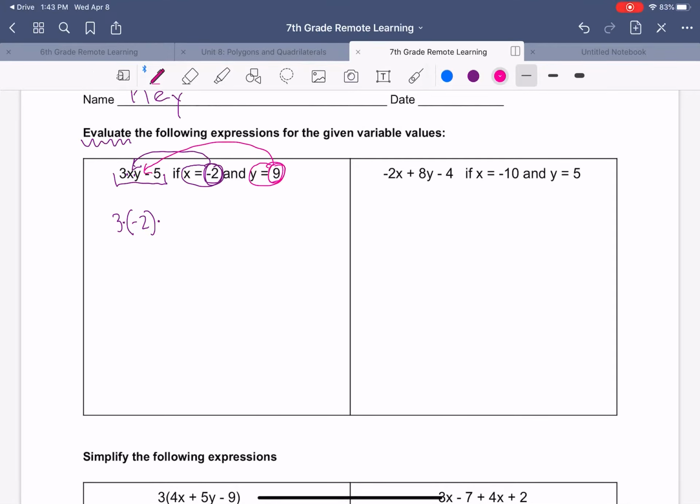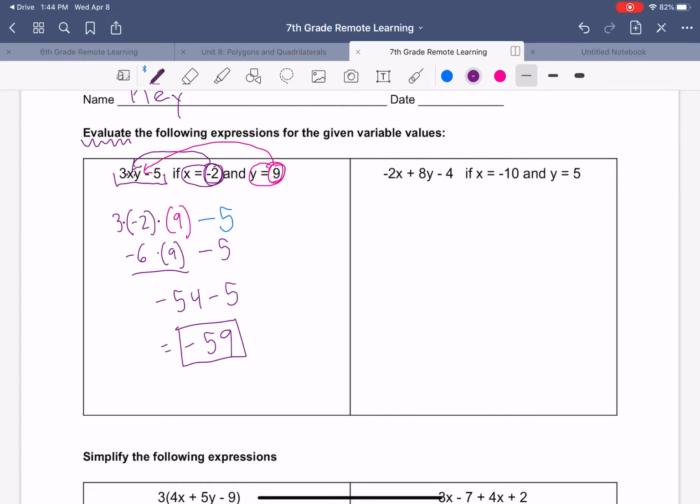So times 9. And then I need to remember my minus 5 at the end. Now we'll do our multiplication. 3 times negative 2 is negative 6, times 9, minus 5. Negative 6 times 9 is negative 54, minus 5. And negative 54 minus 5 more is negative 59.